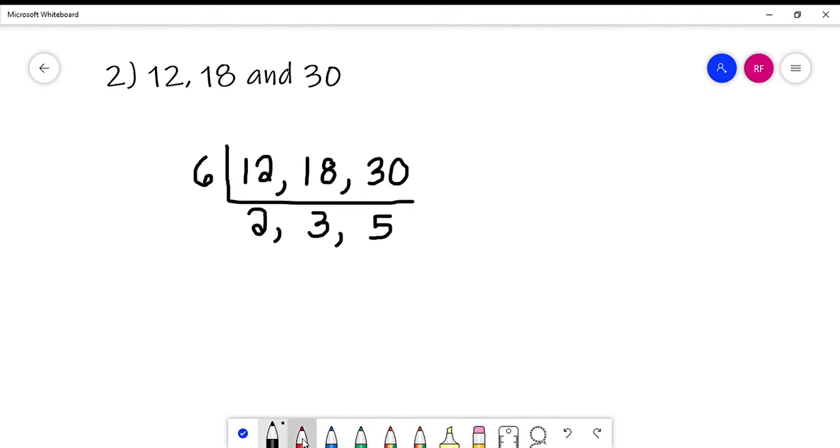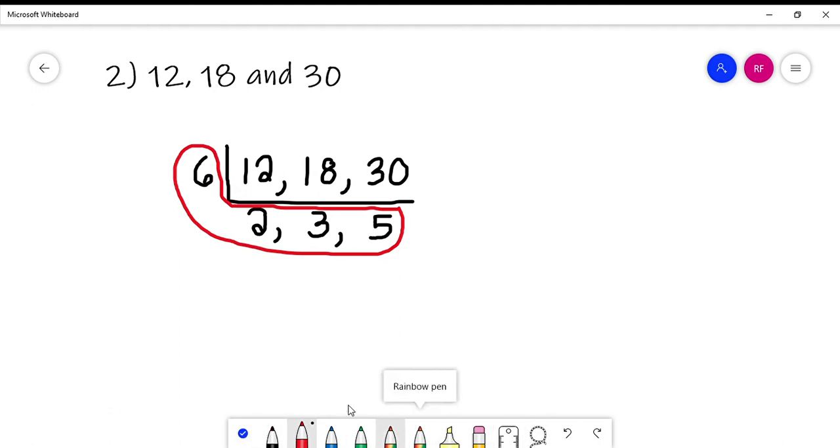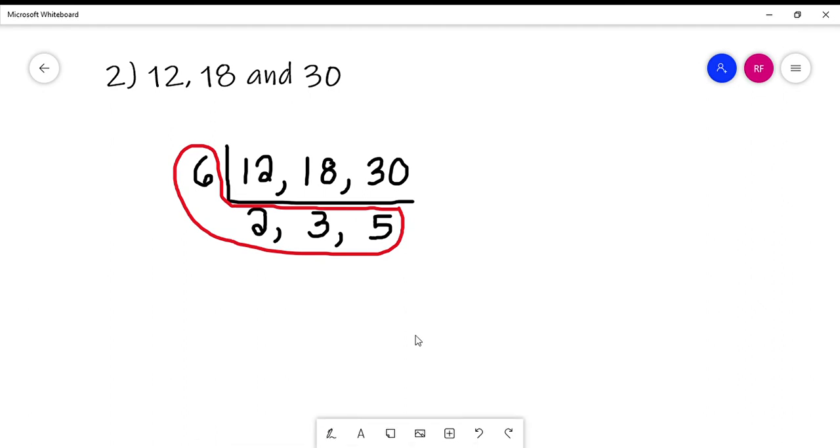That means we stop dividing and take all the divisors that we used. The only divisor that we used was 6, and the last quotients 2, 3, and 5. So let me write here 6 times 2 times 3 times 5.